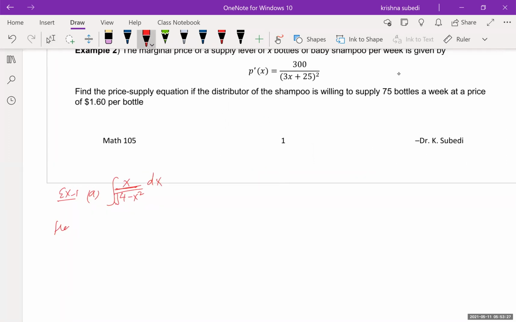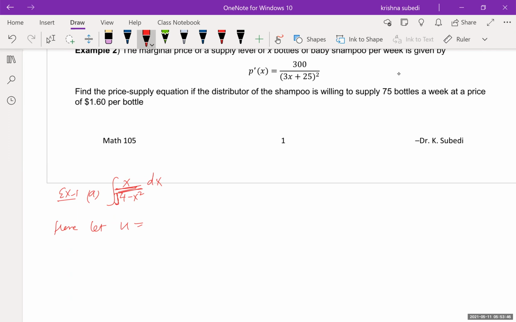Here, the bottom part seems a little bit complicated, right? The bottom part is square root of 4 minus x squared. This problem cannot be solved by the antiderivative method that we have learned so far.